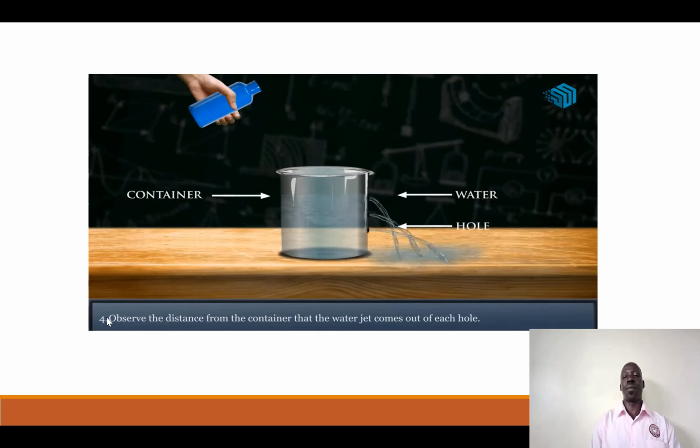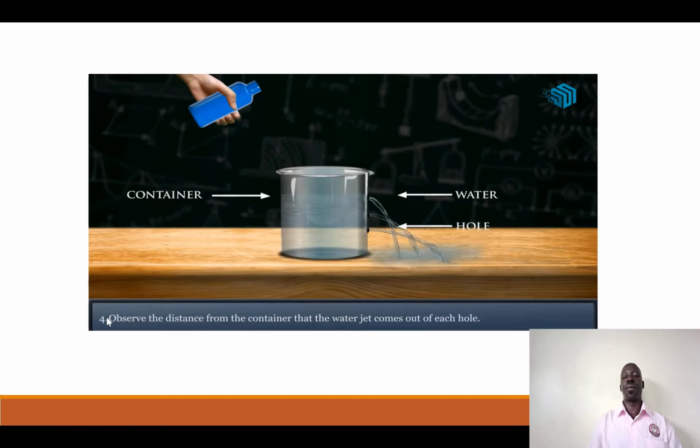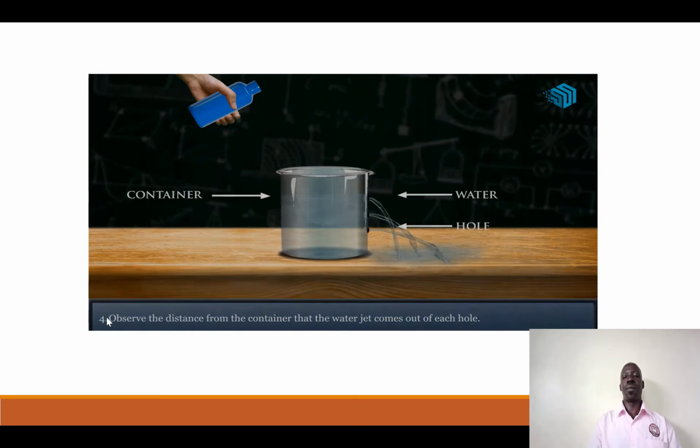We get to observe that the water jet from the lowest hole comes out with a great force and falls at the maximum distance from the container, whereas the water from the topmost hole will fall at a minimum distance from the container.